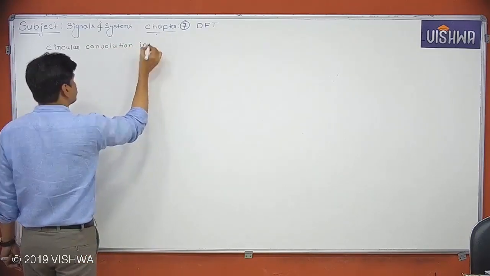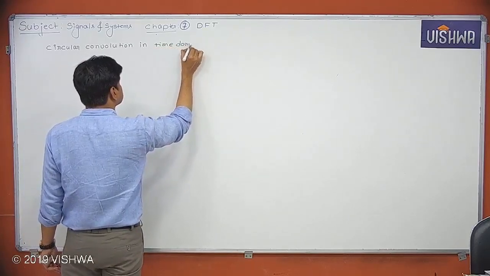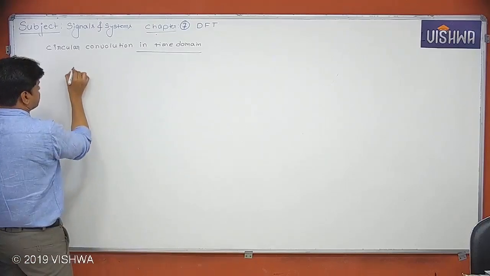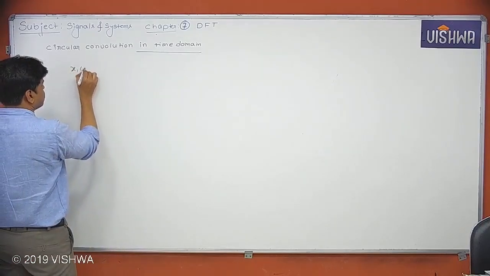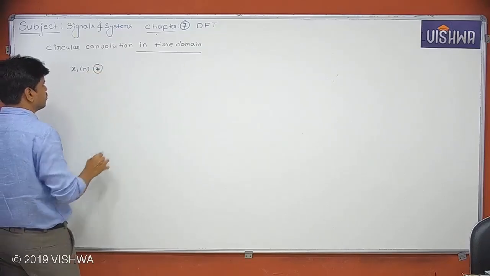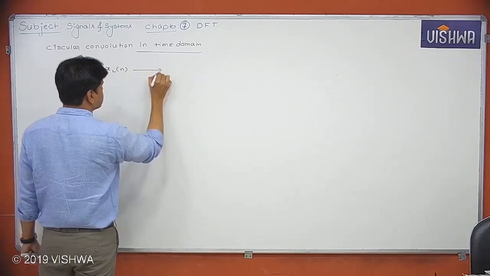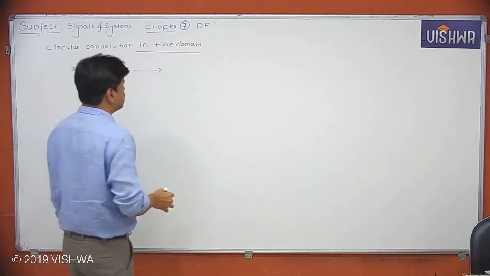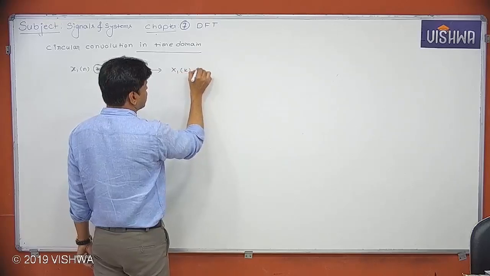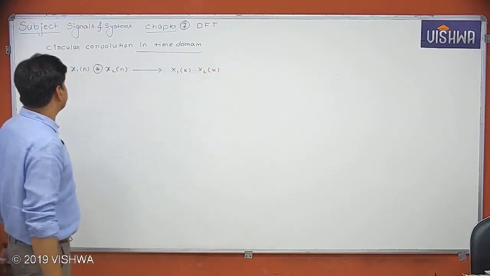In time domain, x1 of n circular convolution, this is the symbol for circular convolution, x2 of n. Then what is the DFT for that? This is X1 of k multiplied with X2 of k.